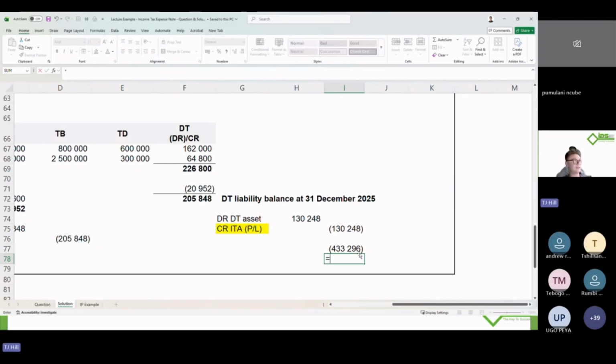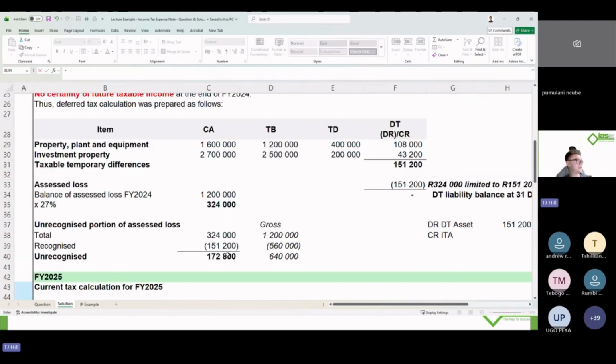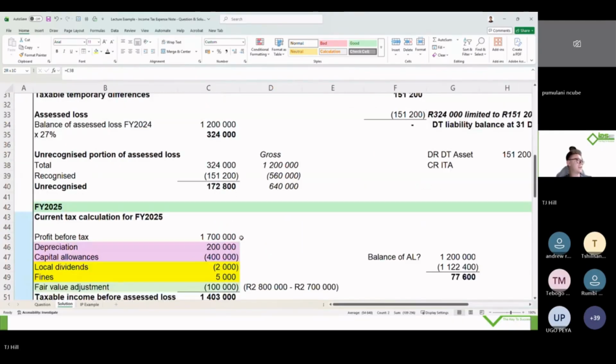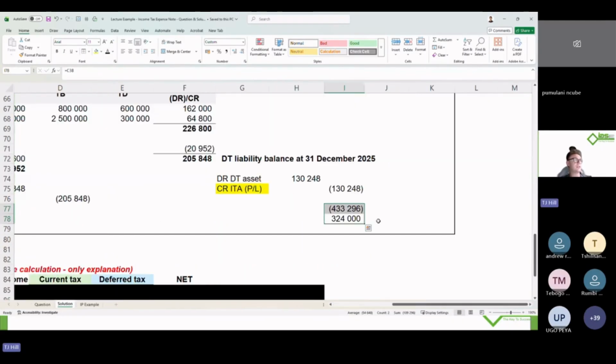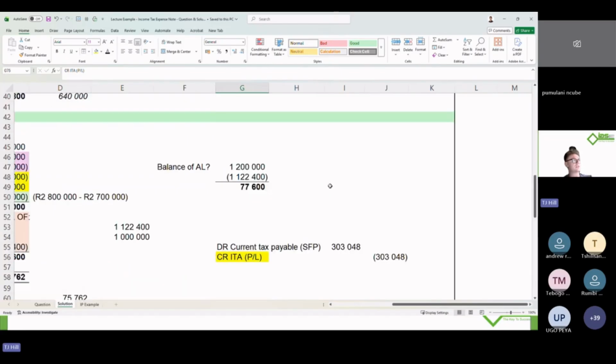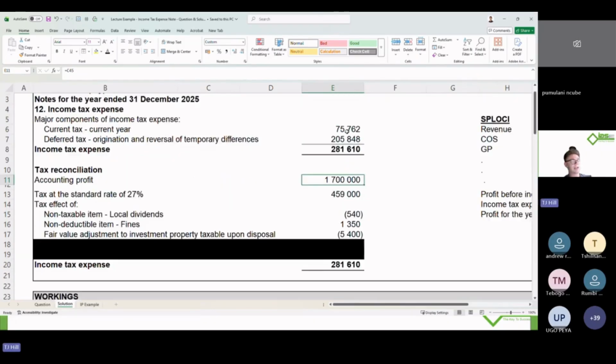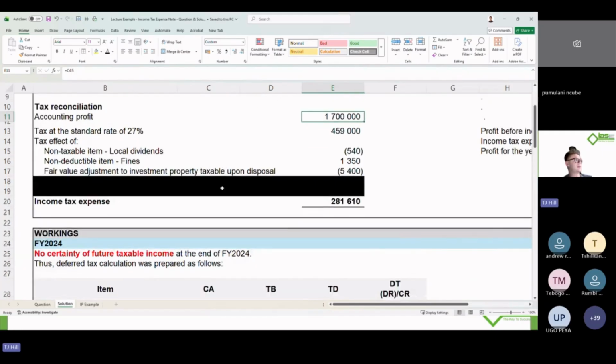Seems wrong. And that's essentially causing a bit of the problem. I am hitting my income tax expense with something that is not sitting in here, and that has suddenly appeared.